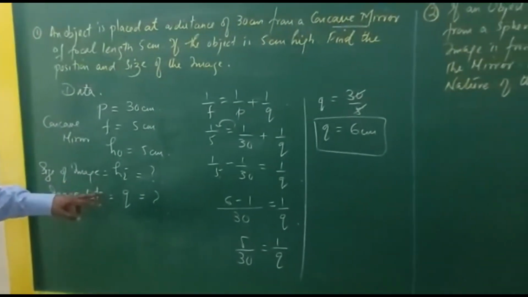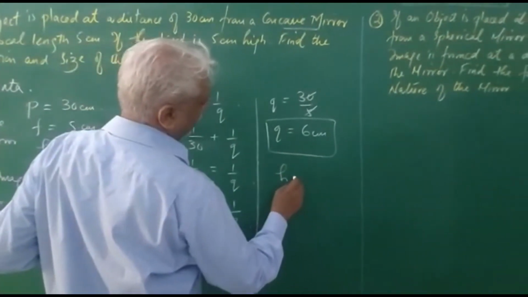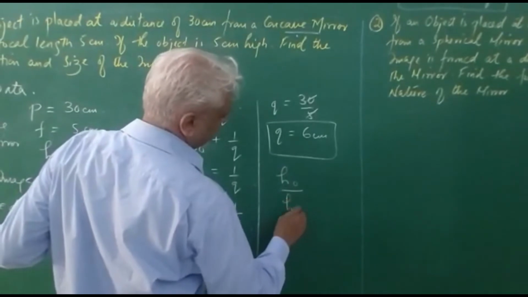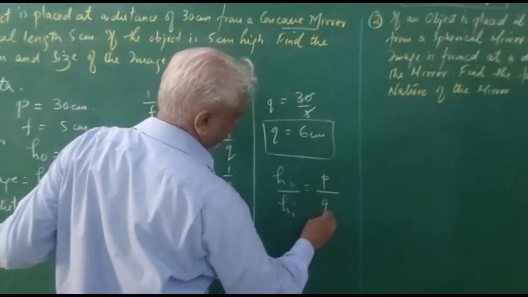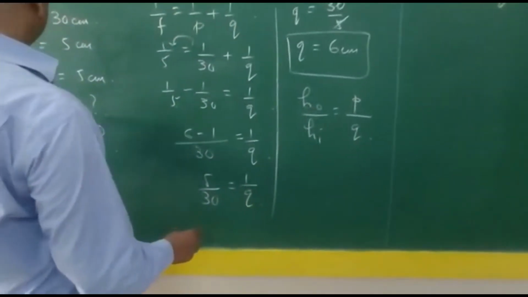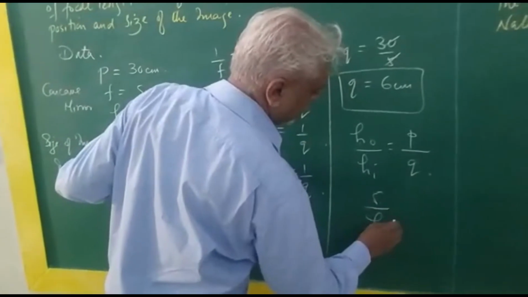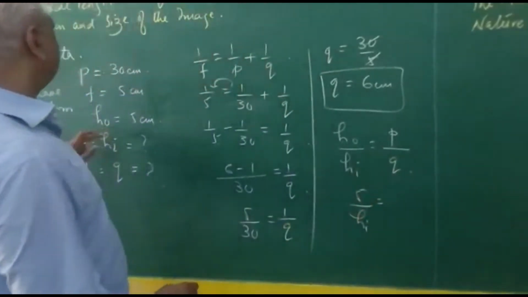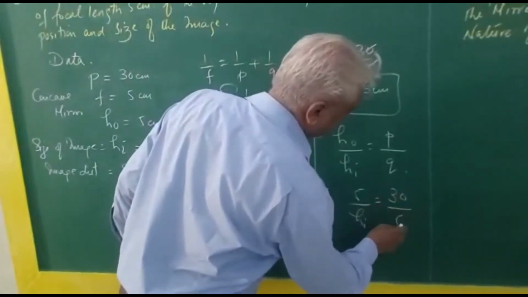Now you need to find the height of the image. So height of the object over height of the image is equal to the object distance P over image distance Q. Height of the object is known to us, 5 centimeters. P is also given to us, 30, over Q is 6.